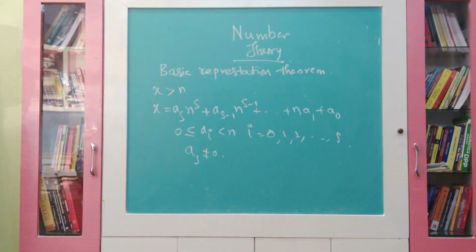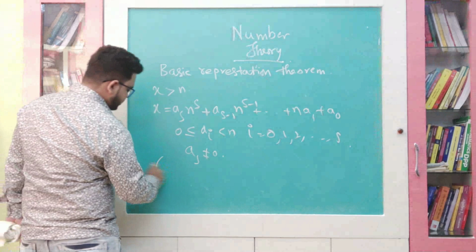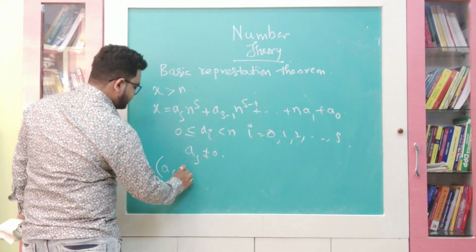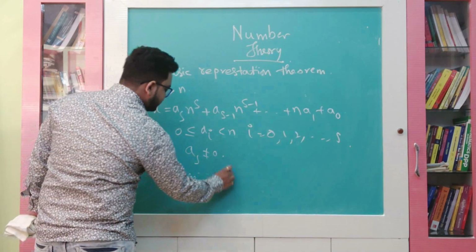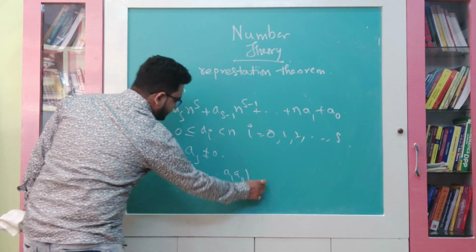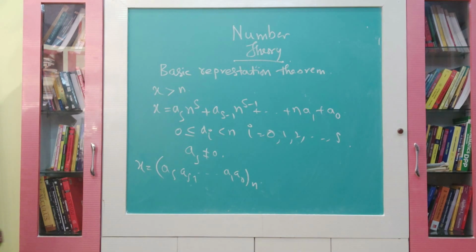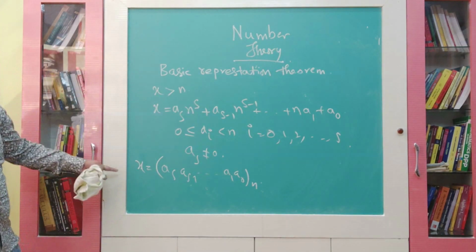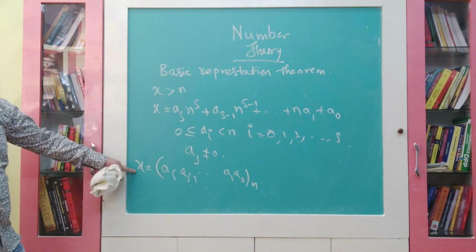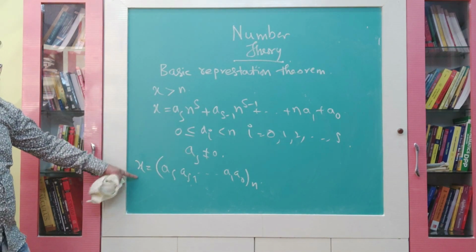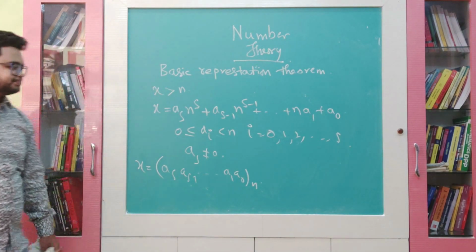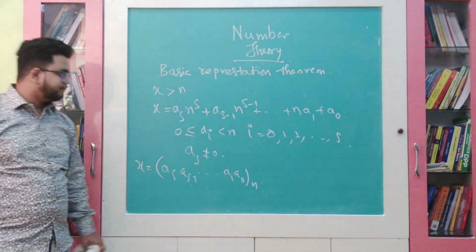This is the basic representation theorem, and x is written as a_{s-1} ... a_1 a_0 in base n. This is called the base n expansion of this integer x, and this is also called the n-adic expansion.